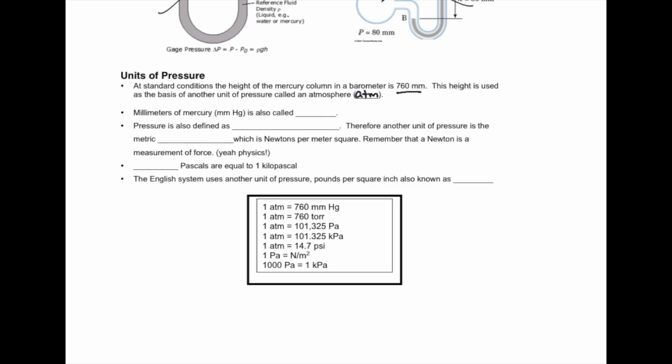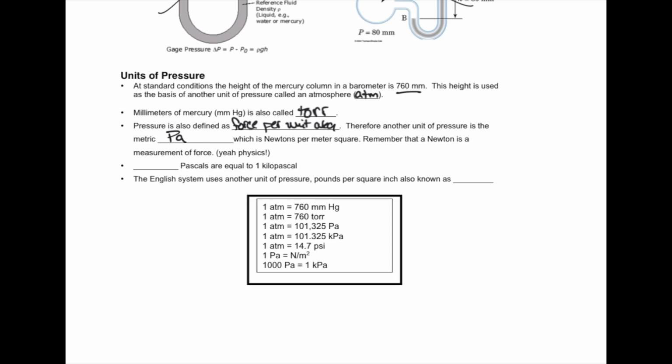All right, millimeters of mercury is also called torr. Okay, and pressure is also defined as a force per unit area, right? This is a physics type of deal. So therefore, another unit of pressure is the metric Pascal, right, which is newtons per meter squared.